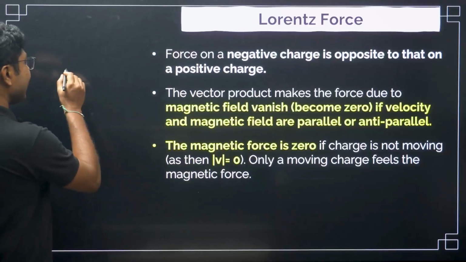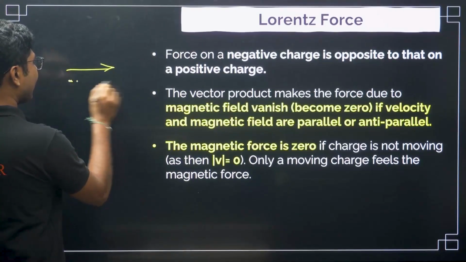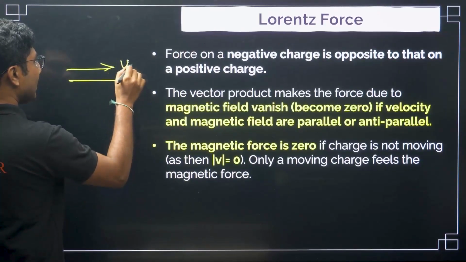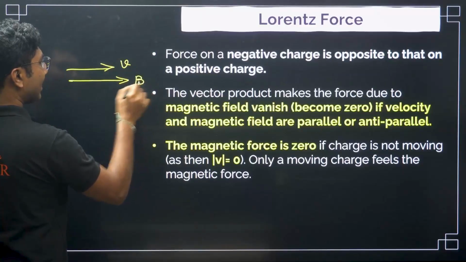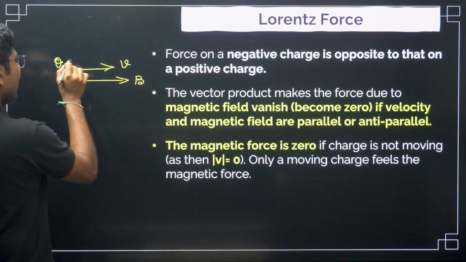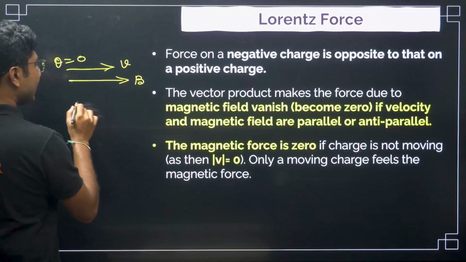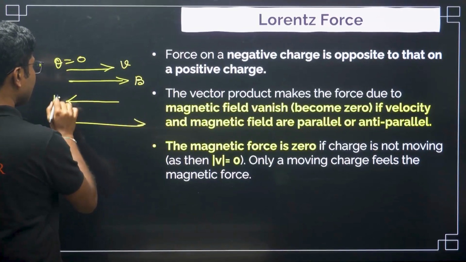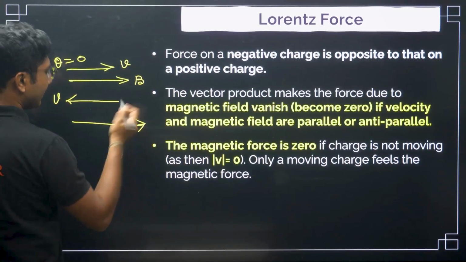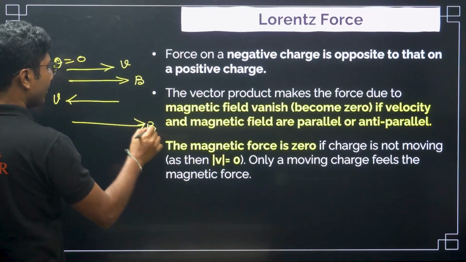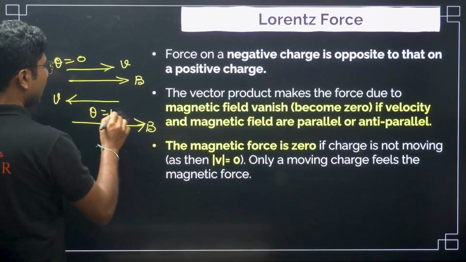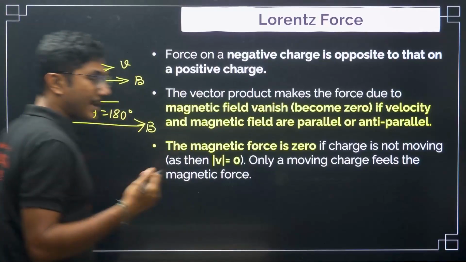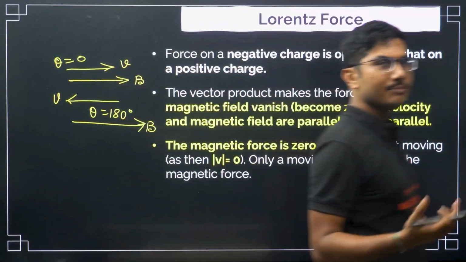Parallel means theta equals 0, and anti-parallel means the angle is 180 degrees. Sine 180 degrees is also 0. So in both cases the magnetic component of the force will become 0.